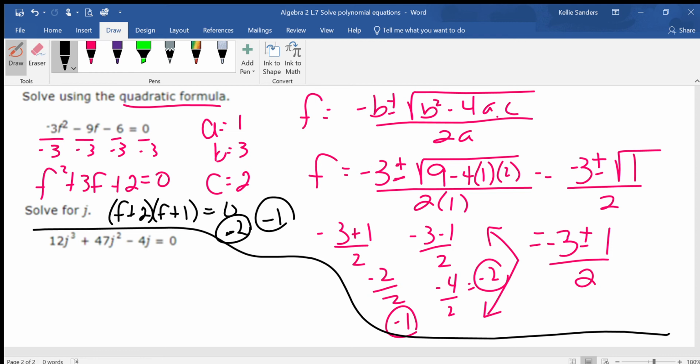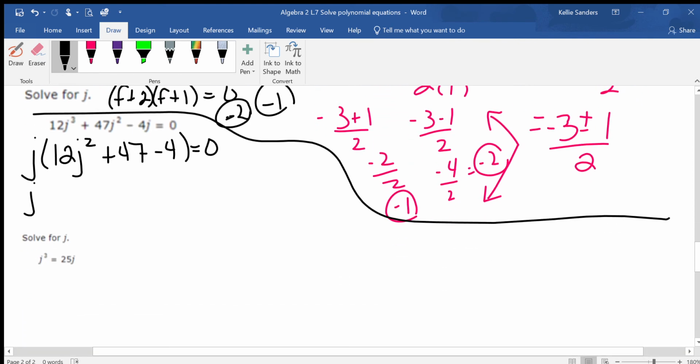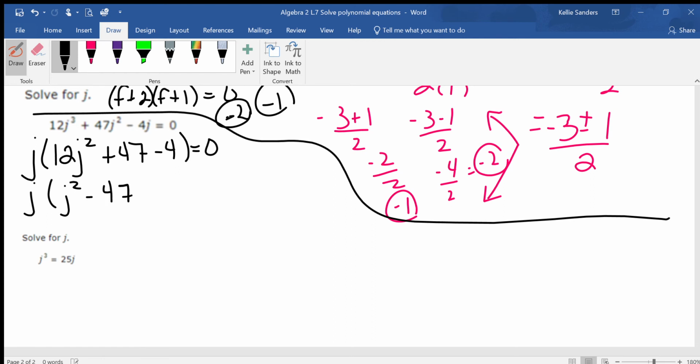There is a J in everything, so we have to take a J out first. We're going to keep the J. I'm going to see if it's factorable, because I know it is.